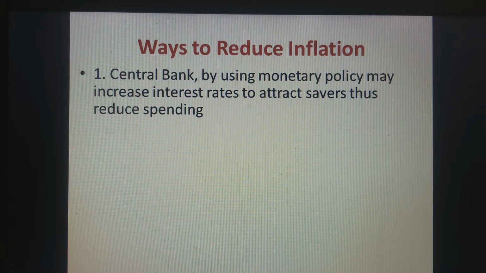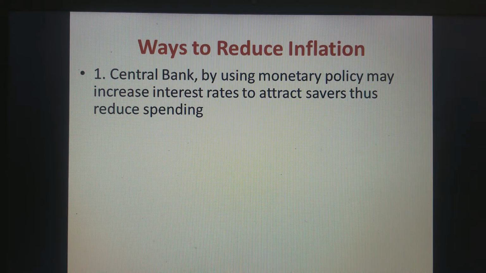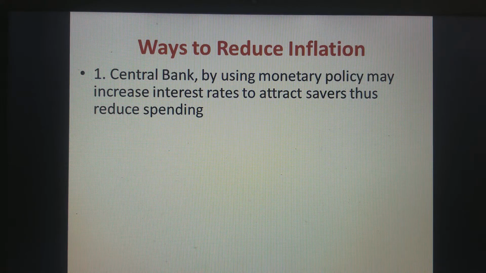When more people put their money into the bank, there'll be more cash flow, more money for the bank to lend to businesses for expansion and more production, right? So when we save more, it means we have less money to spend. So we are reducing expenditure.